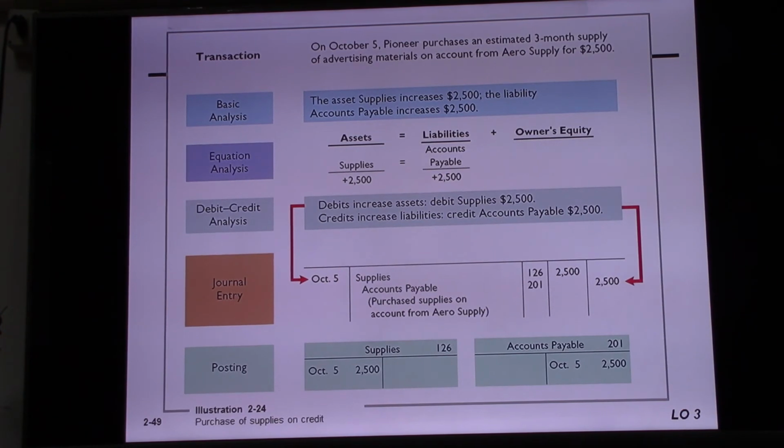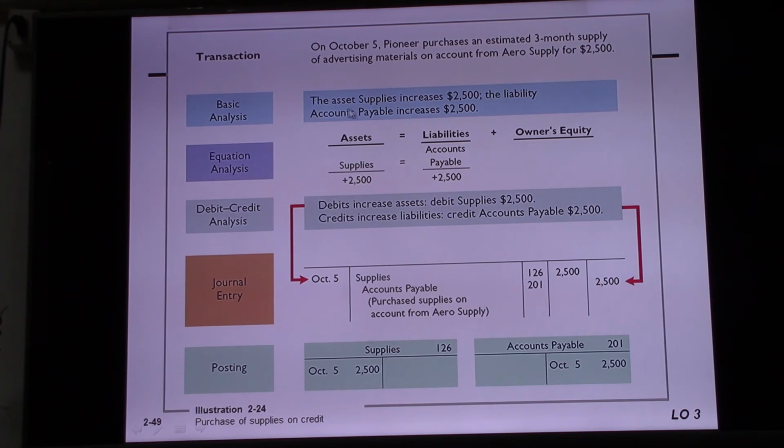On October 4, Pioneer purchases an estimated 3-month supply of advertising materials on account from Euro Supply for $2,500. So we purchased supplies on account for $2,500.